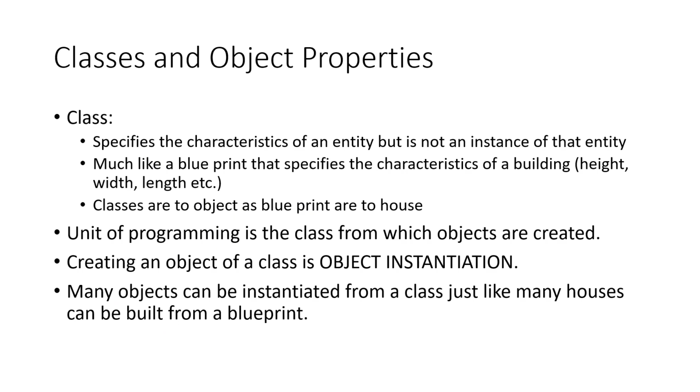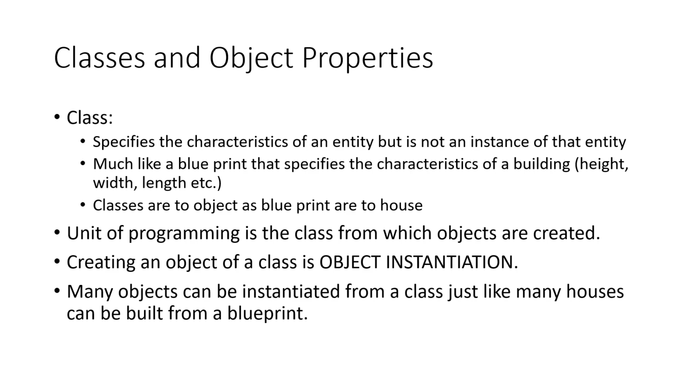Then now let's go on to class. We've talked about class also earlier on. I told us that a class is a blueprint of an object. A class also specifies the characteristics of an entity.